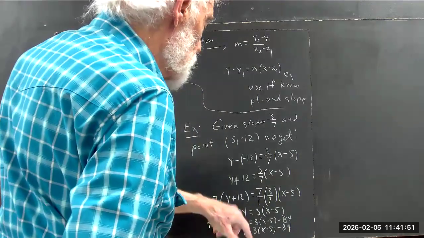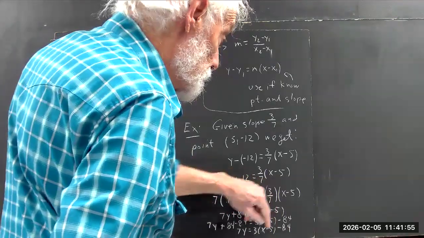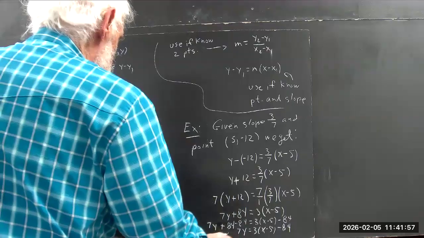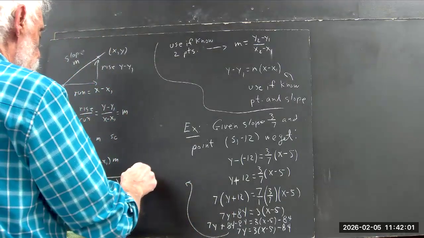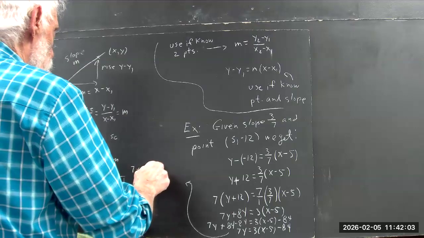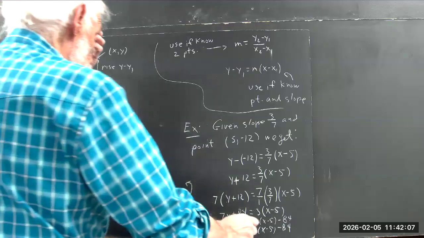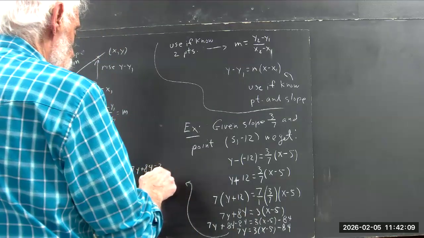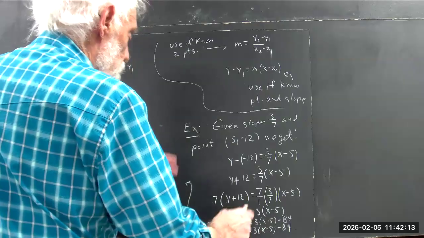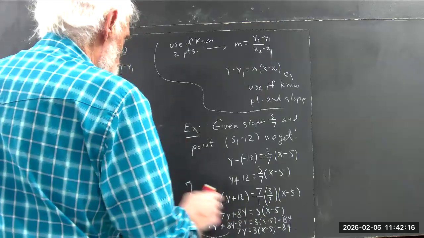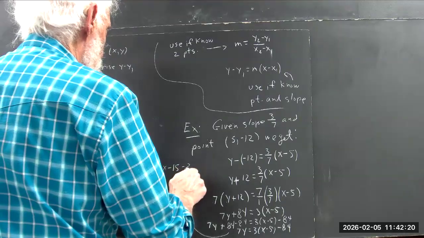We can use the distributive law on the 3 times the quantity x minus 5. On the right-hand side, 3 multiplies the x in the x minus 5, and 3 multiplies the minus 5, giving us 3x minus 15.